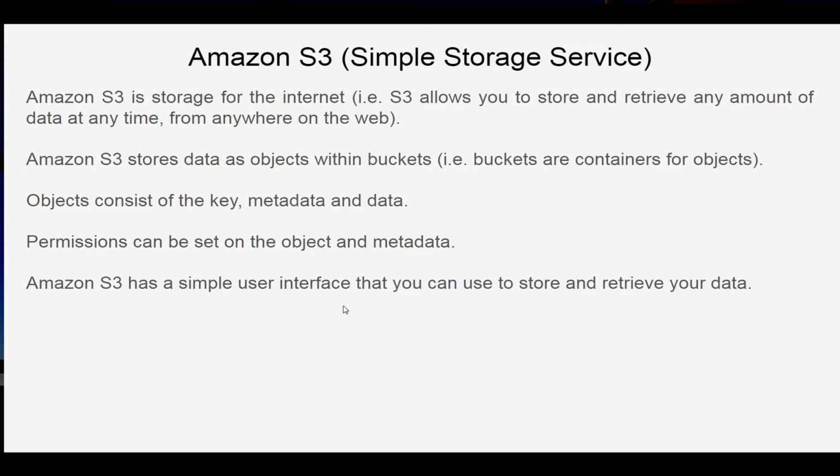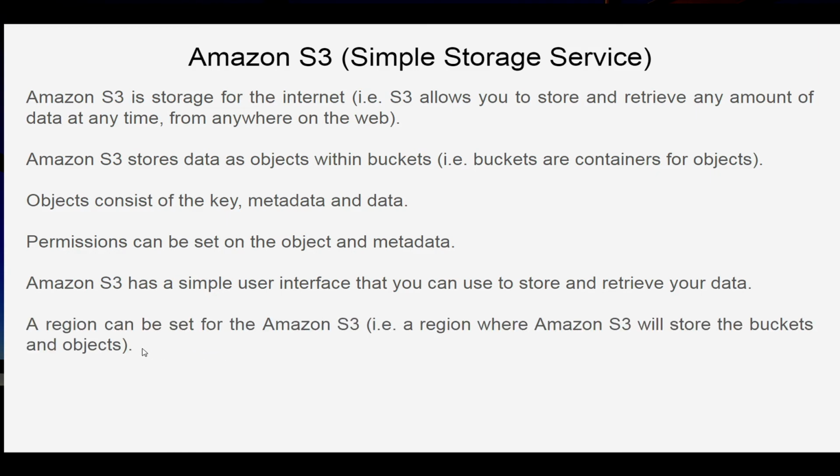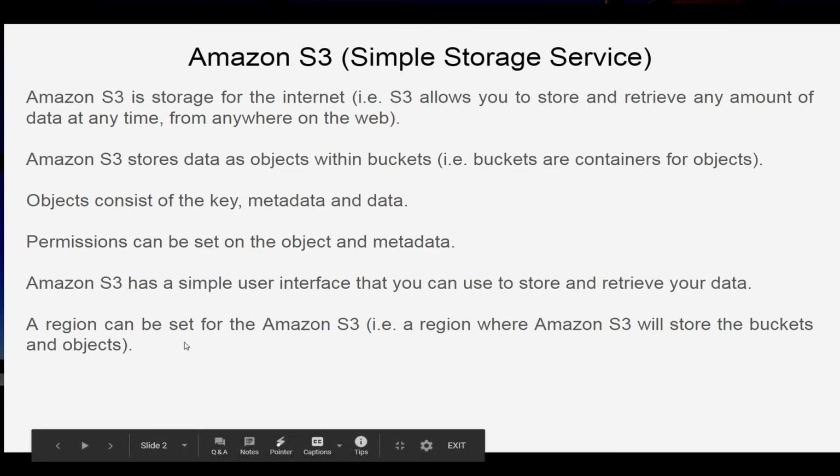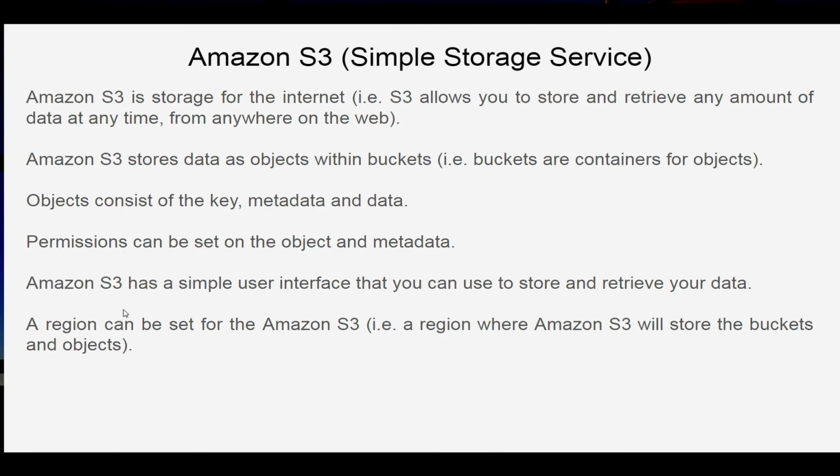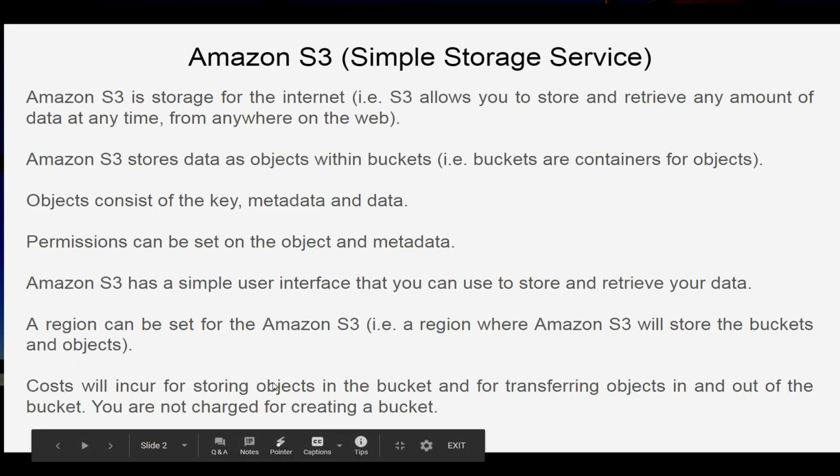All right. The next point is region. A region can be set for Amazon S3. That means when you create a bucket, you should specify a region, and once you specify a region, your objects and buckets will be in that region. Then costs will be incurred for storing objects in the bucket and for transferring objects in and out of the bucket.